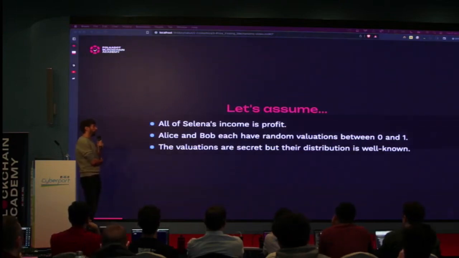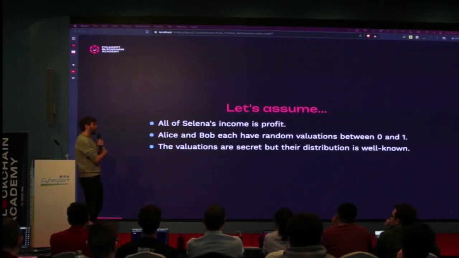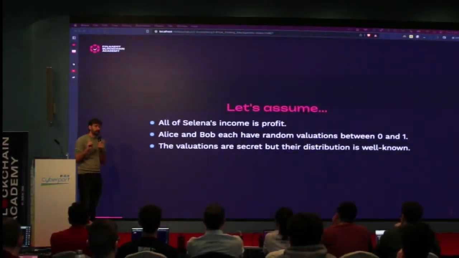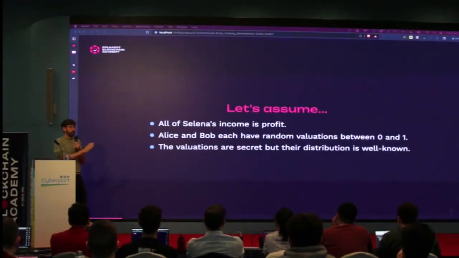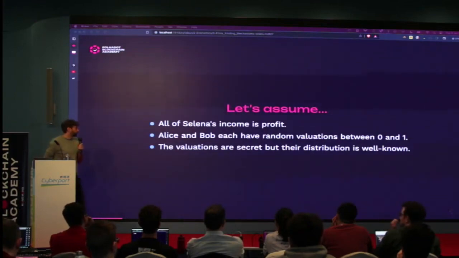So the valuation will be randomly drawn for each of the agents, for Alice and Bob, and it can be between 0 and 1. And it's actually uniformly distributed in this case. So every valuation has the same probability. This makes it a little bit easier to convey the intuition here.